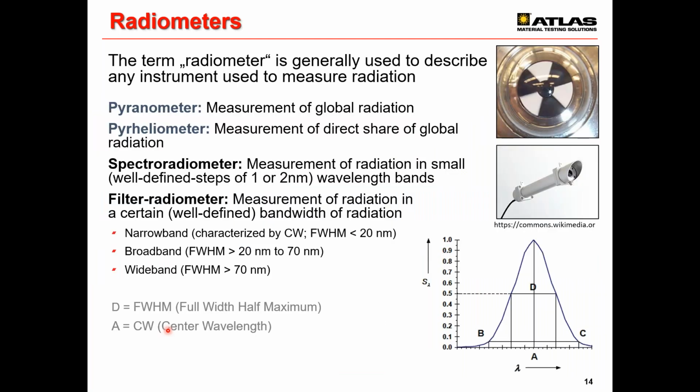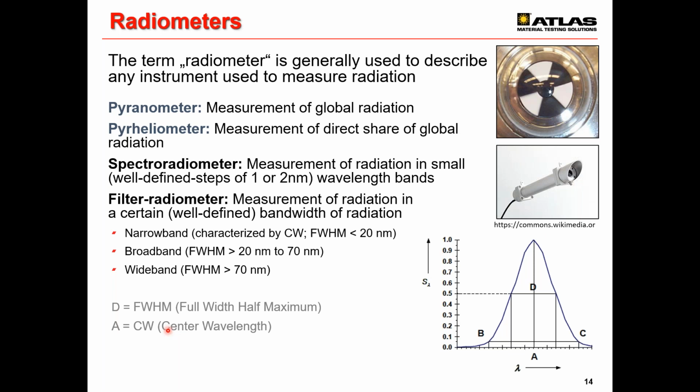To measure solar radiation, we typically use so-called radiometers, a device designed to measure solar radiation. And there are different types. There are so-called pyranometers. They typically measure the global radiation, the full amount of radiation, all wavelengths and all directions. A pyranometer can be relatively simple.